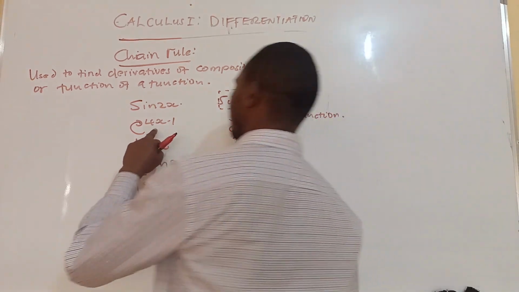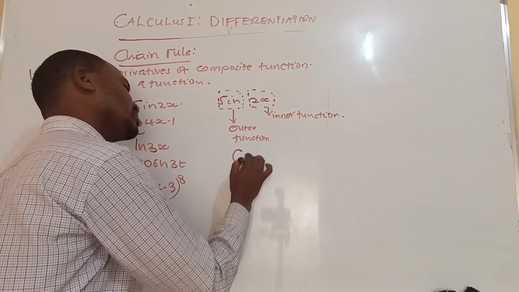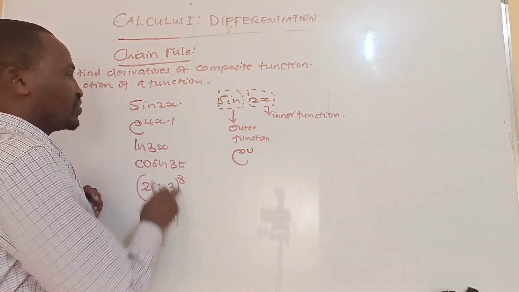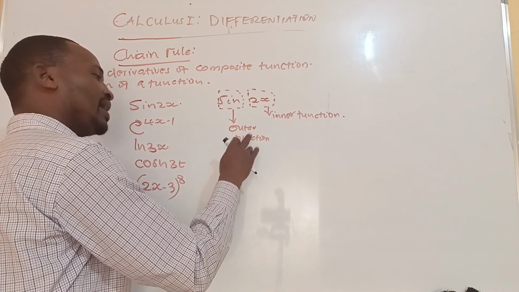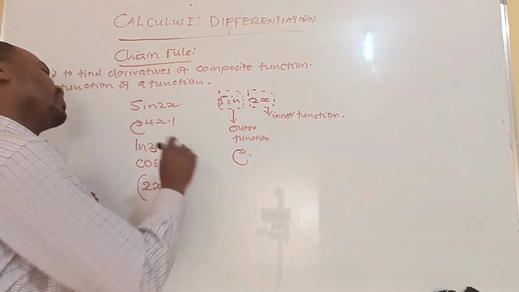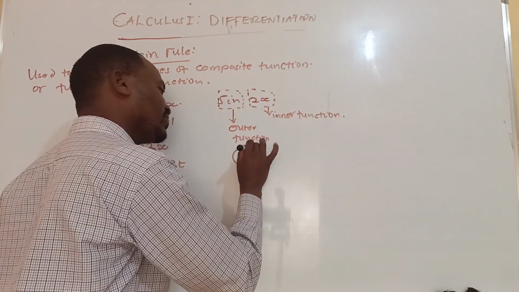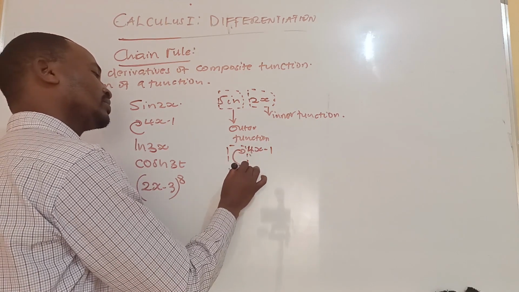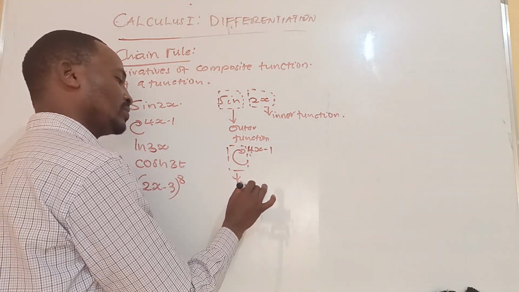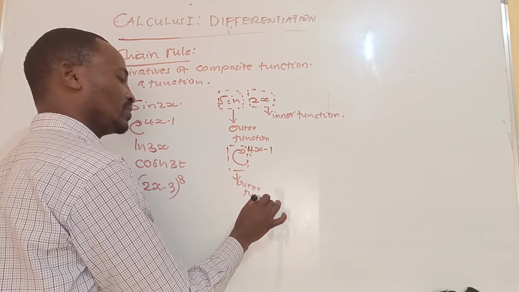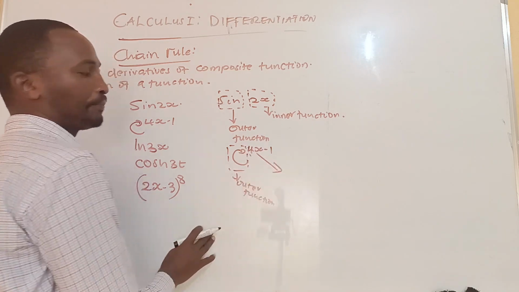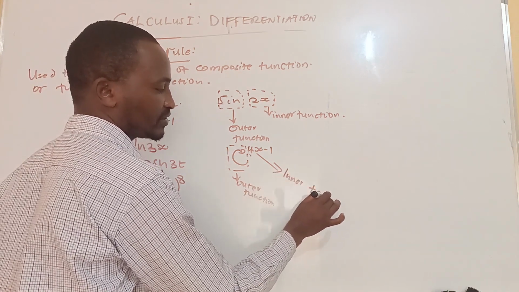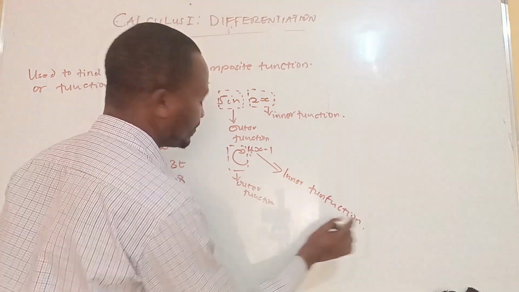The same case applies here. Exponential is an outer function, because you can say exponential x or exponential u. So exponential is a function, but inside that exponential function we have a linear function, 4x minus 1. So the exponential forms the outer function, and 4x minus 1 forms the inner function. The same case applies here.